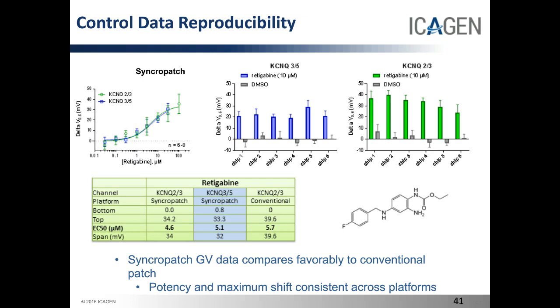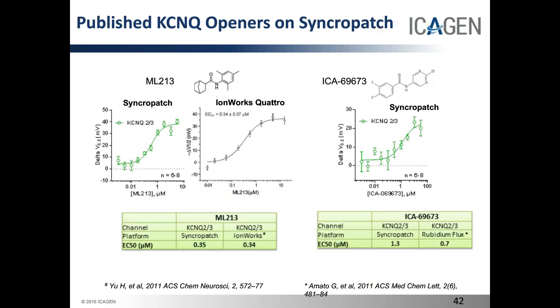To follow that up, we also tested 2 other previously published KCNQ openers, ML213 and ICA 69673. Each of these openers behave similarly to what they had done in the published work. The ML213 EC50 is almost exactly what it is off of the IonWorks Quattro in the Yu paper from 2011.